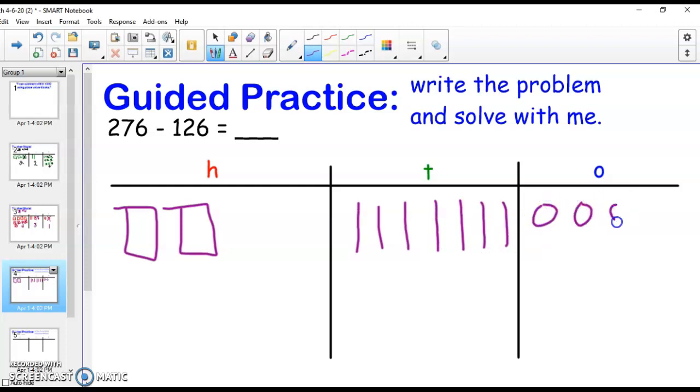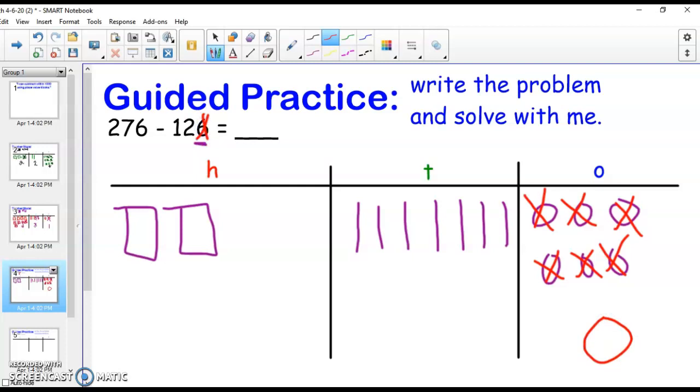Make sure you leave yourself enough space so you can subtract. Okay? Now, let's take away our 6 ones. 1, 2, 3, 4, 5, 6. And how many ones am I left with? 0, correct.